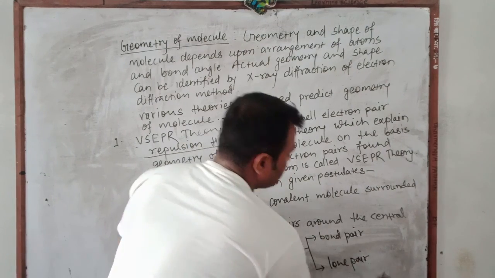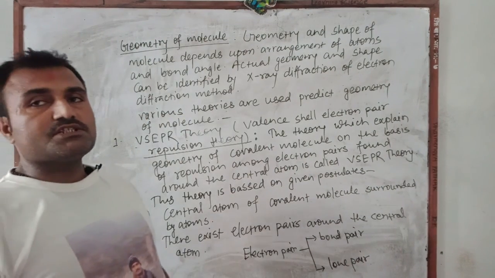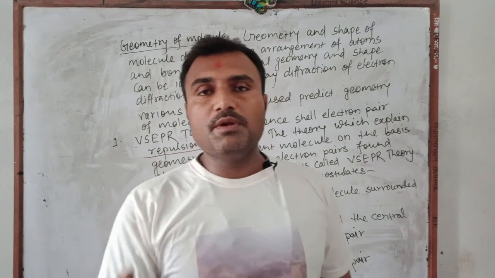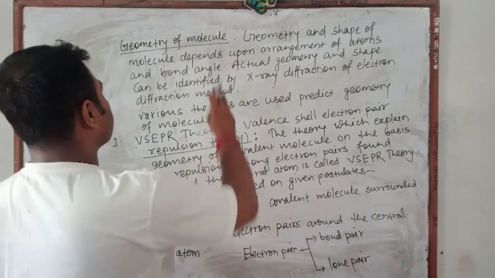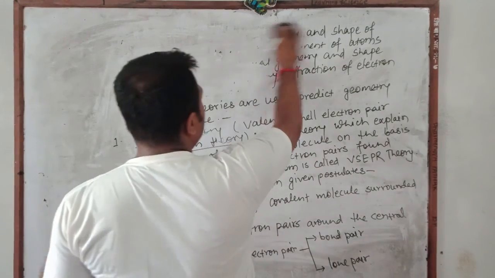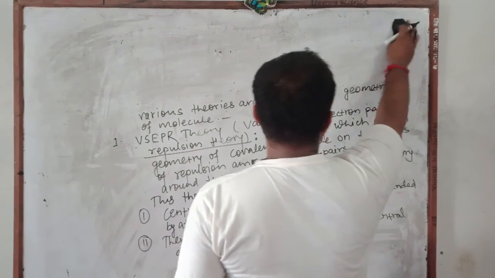In this way, the central atom remains surrounded by two types of electron pairs, bond pair and lone pair, and there exists repulsion among the electron pairs.